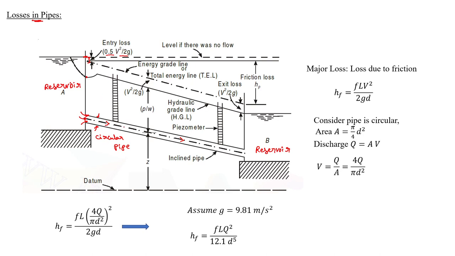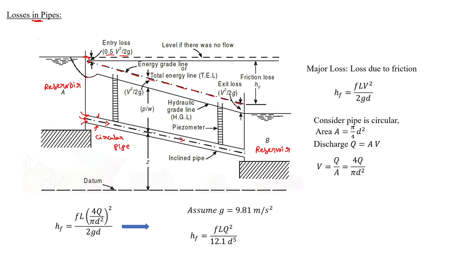Similarly, as the flow moves to reservoir B, the flow encounters a loss due to friction. If you draw the energy gradient line, you will observe this kind of phenomenon, the declination in the available head.